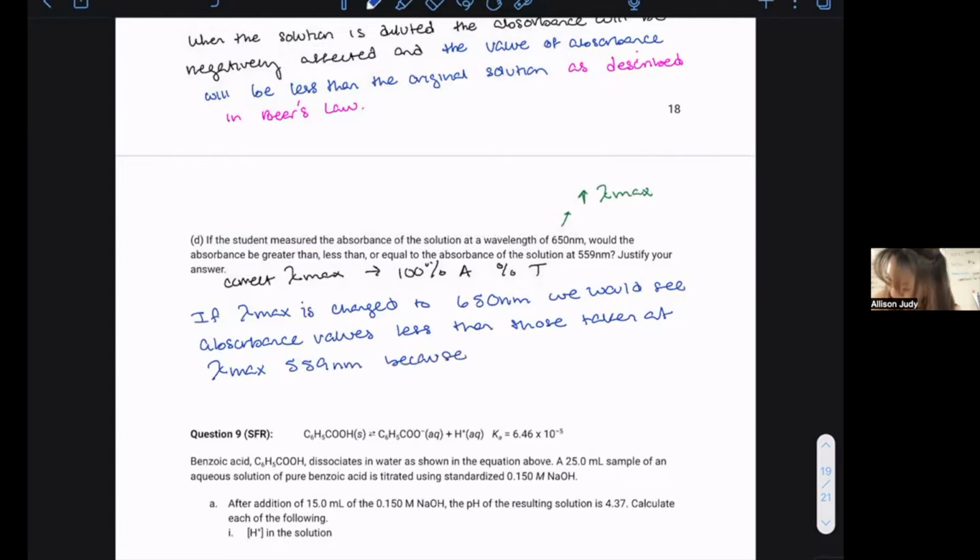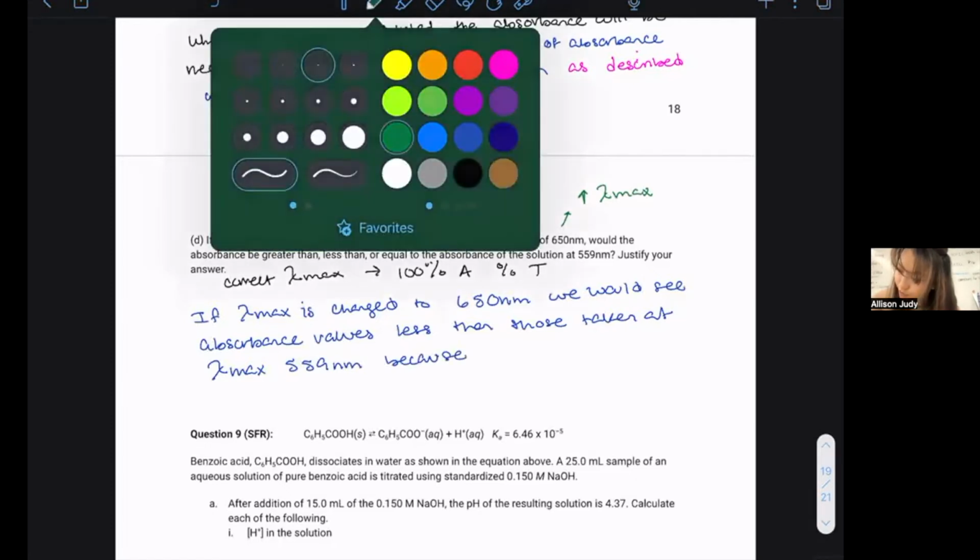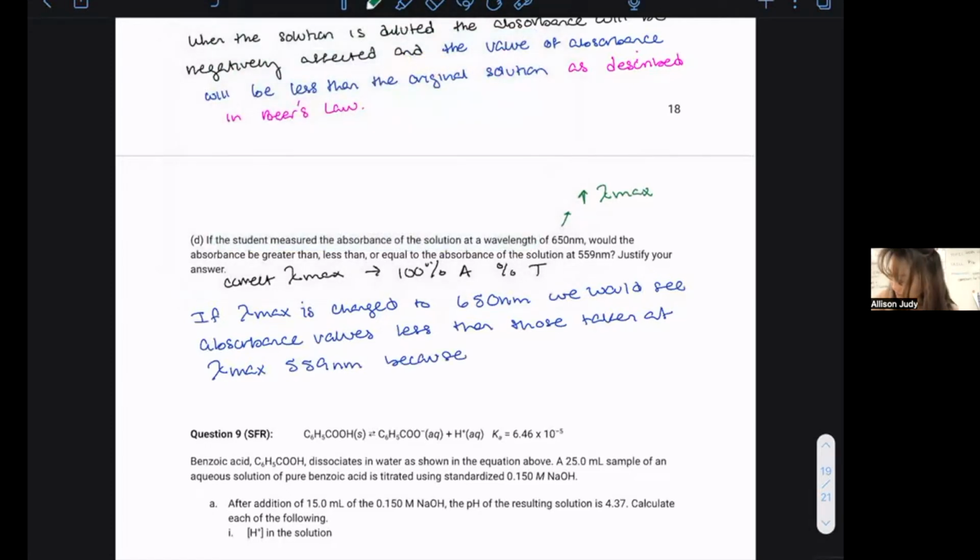because, and this is where you would earn 2 points, because only at the correct lambda max, 559 nanometers, we see 100% absorbance, okay?